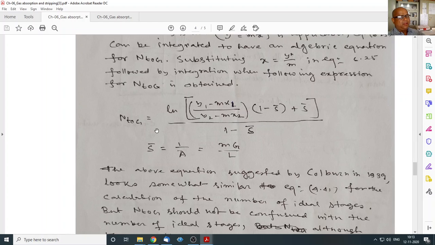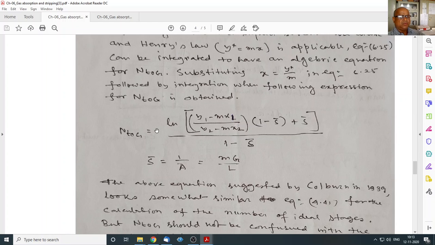But you should understand, in chapter 4 a similar type of equation we derived, that is the Kremser equation. The Kremser equation is applicable for the plate column. Although this is looking similar, for dilute solution the number of transfer units you can calculate through this equation, and this is called the Colburn equation.